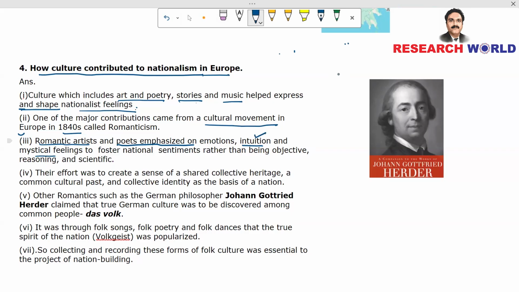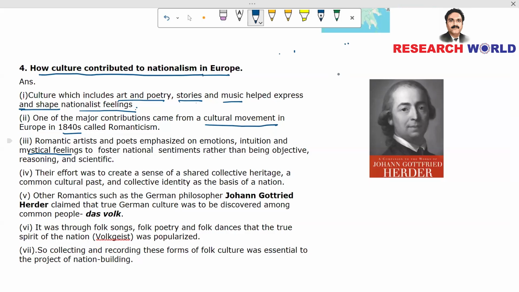And mystical feelings, like some kind of force is always behind you, asking you to go forward, like Joan of Arc in France. She always believed that God had created her with a purpose of liberating France. These kinds of feelings you can term mystical feelings.